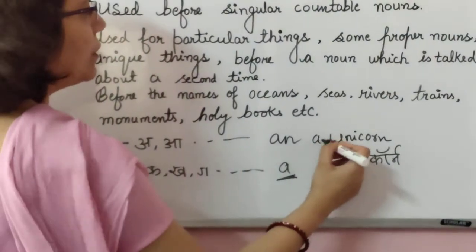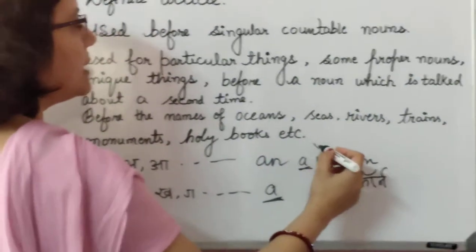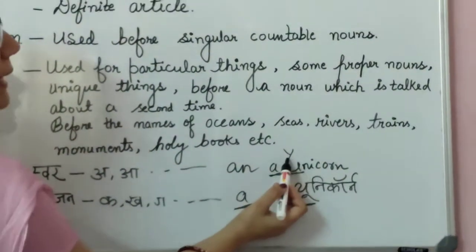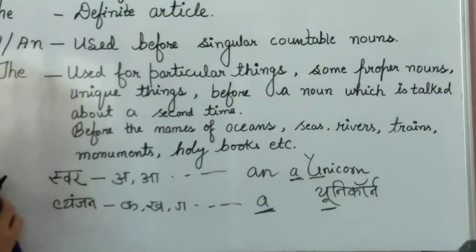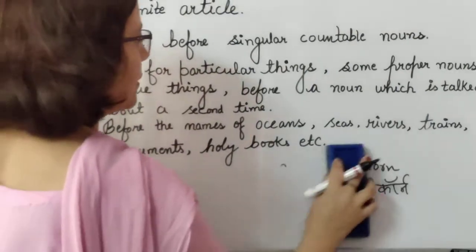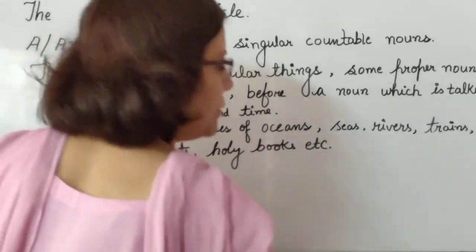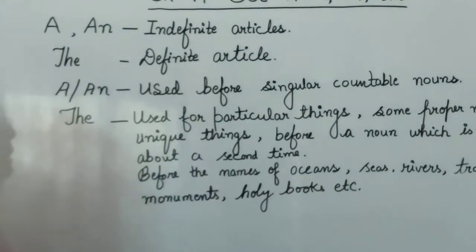So it will be a unicorn. And in English also you can see unicorn, the sound of Y is there. That's why a is used here. Now I think it is clear. Now there should be no confusion in a and an. It is very simple, consonant and vowel.